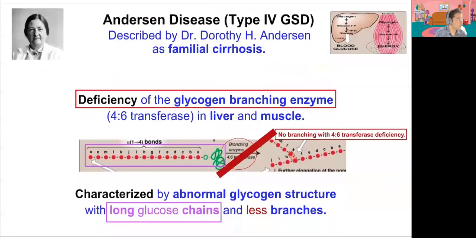Okay. Andersen's disease, okay? It's often seen as a familial cirrhosis, okay? So what you need to know: deficiency of glycogen branching enzyme, 4,6 transferase, in the liver and the muscle. So it's going to have both hepatomegaly as well as muscular level damage as well.